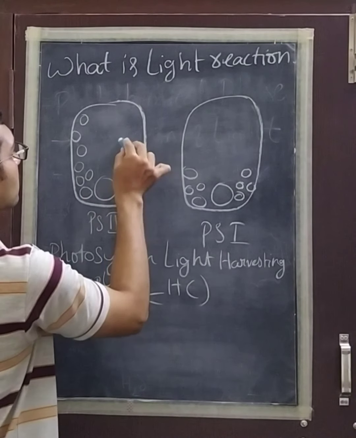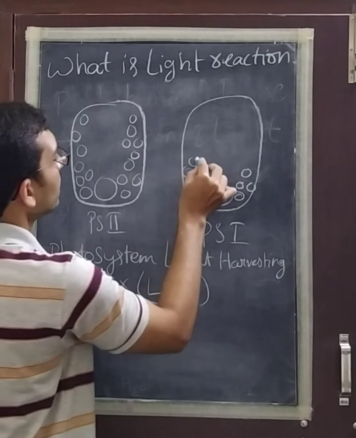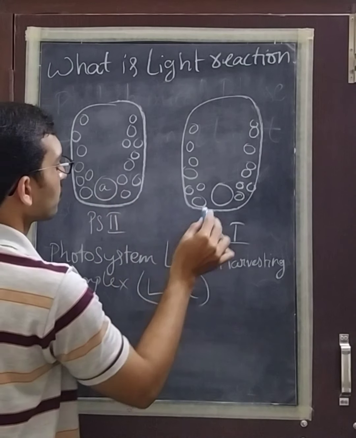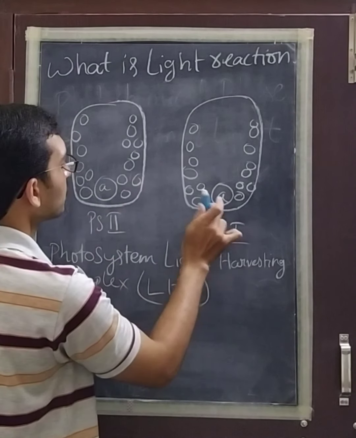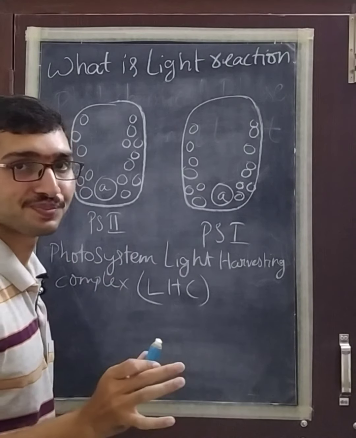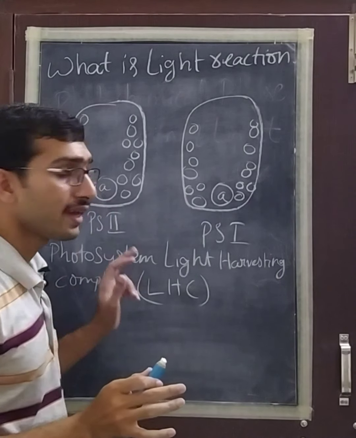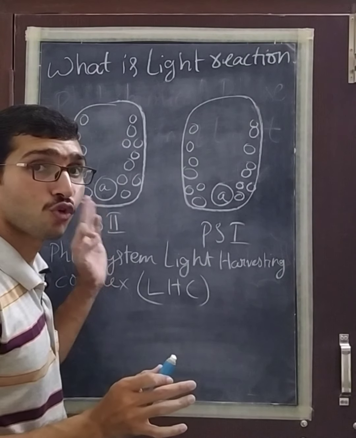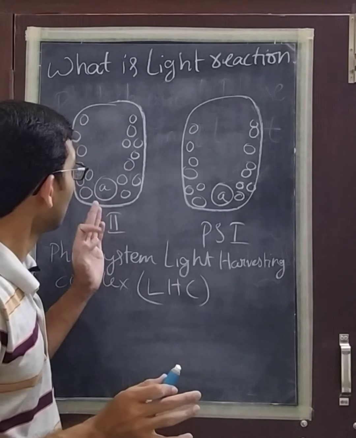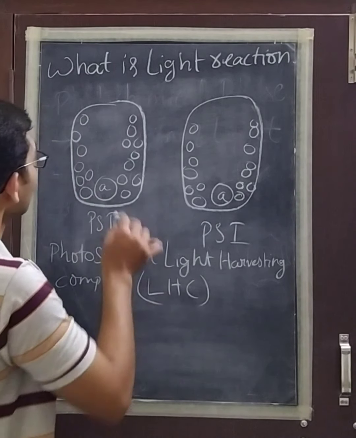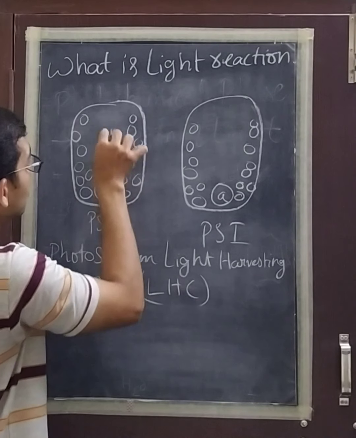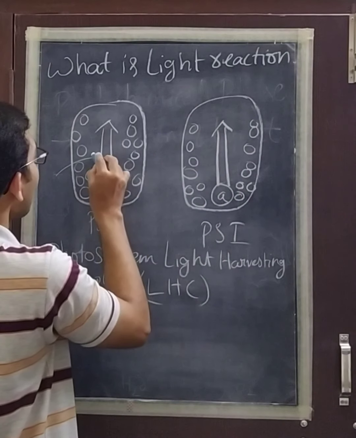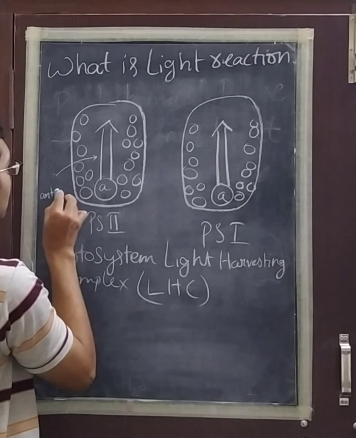So this photosystem will have all pigments except one molecule of chlorophyll A. This chlorophyll A forms the photochemical system, the reaction, and we call the light harvesting system antennae.